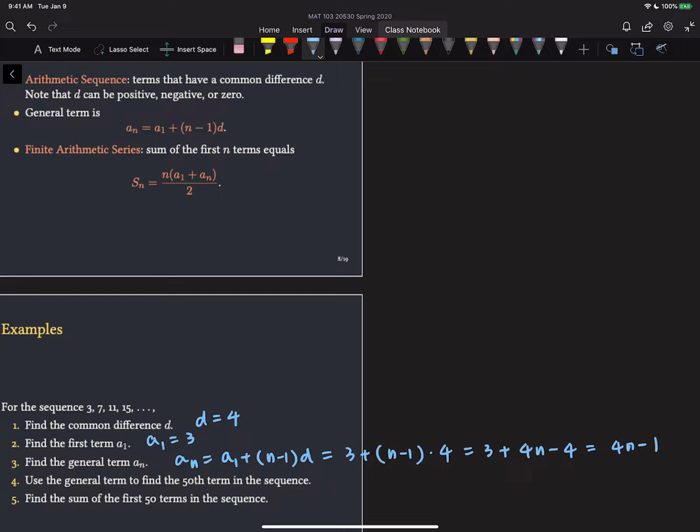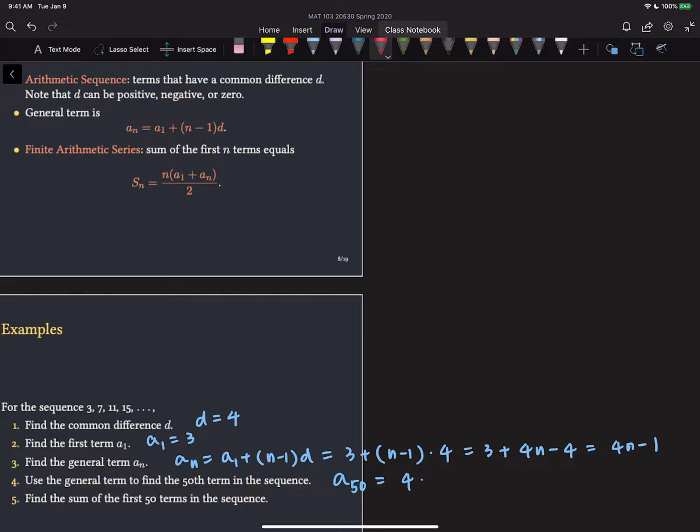You could use this general term to find any term in the sequence. You simply replace n with 1, 2, 3, 4, 5, 6, 7, 8, all the way up to whatever number you like. Number 4, use the general term to find the 50th term in the sequence. As I just said before, we're going to replace n with 50 and plug it into the formula that we found. a sub 50 equals 4n.